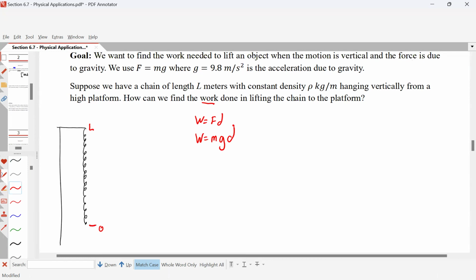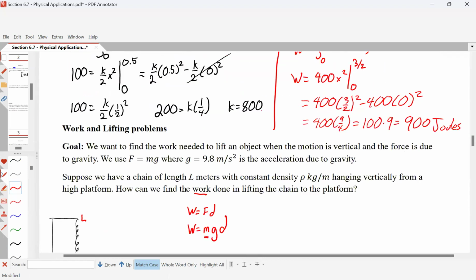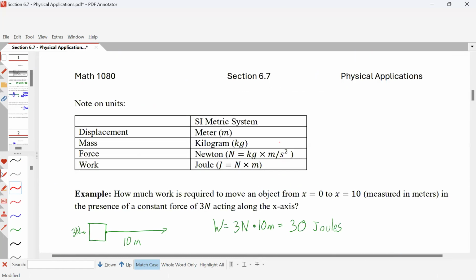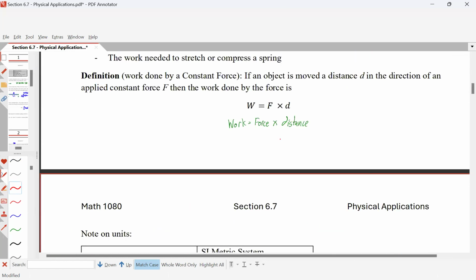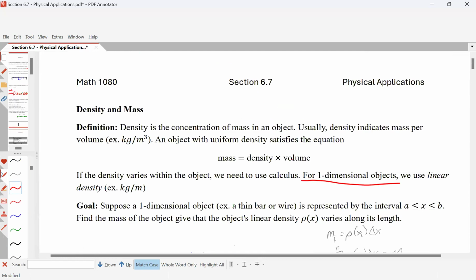Well, going all the way back to the beginning, we have a mass of this chain, where mass is density times volume.